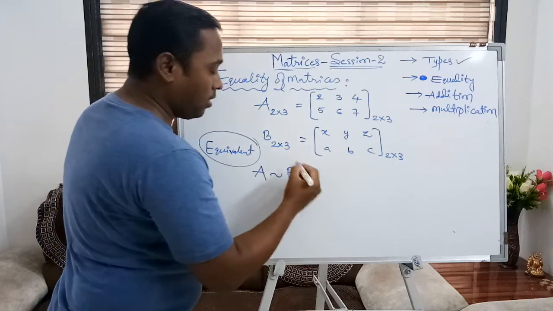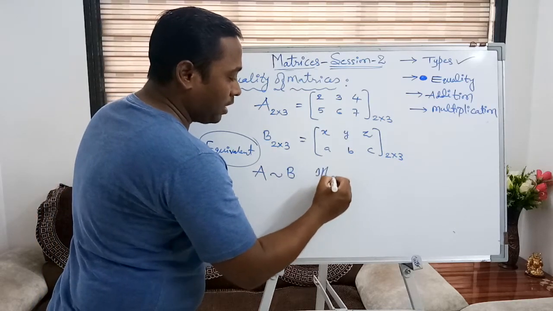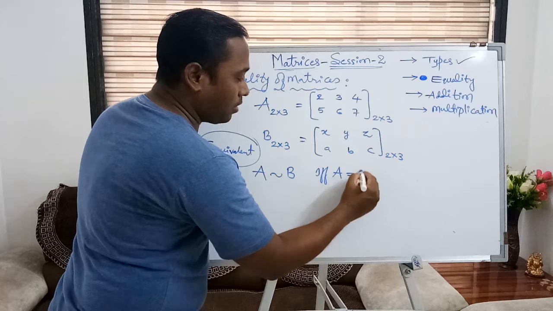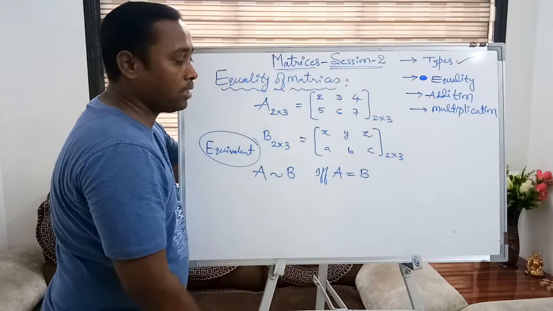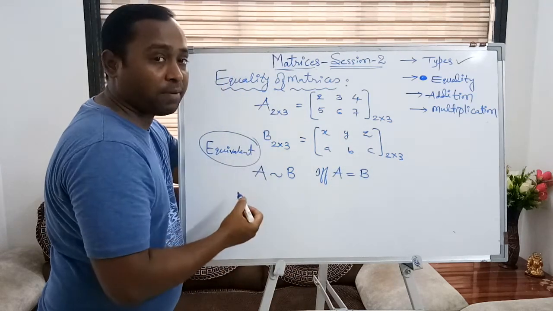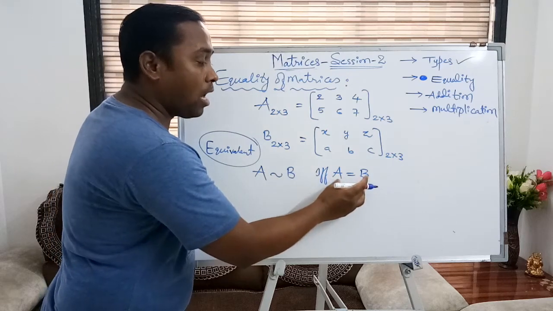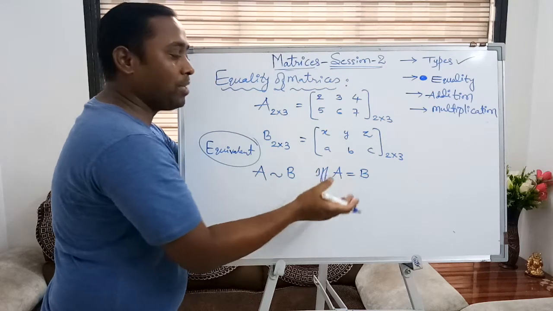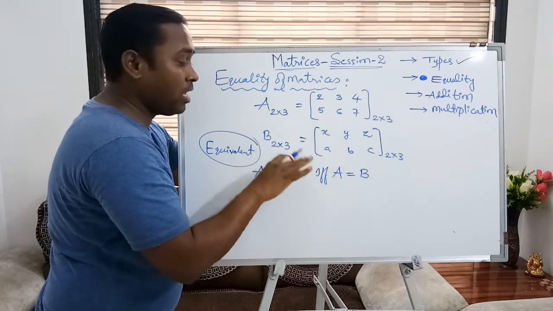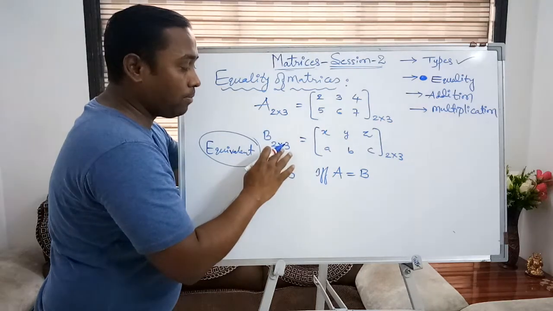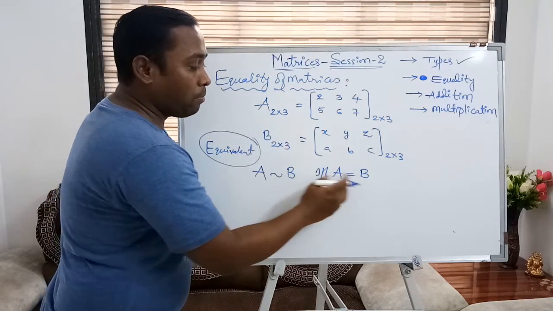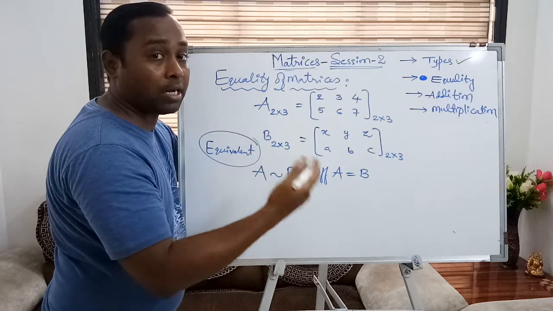It means that if I want to equate two matrices, their order must be the same. So if the matrices are equal, their orders must be the same, which means the matrices can be comparable.